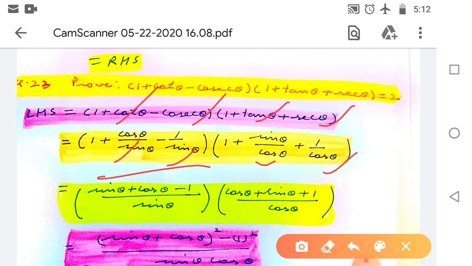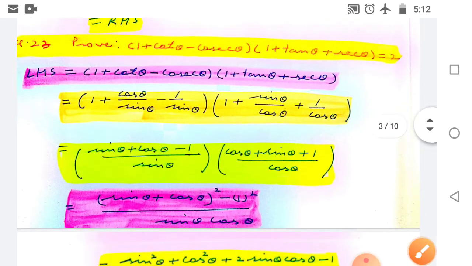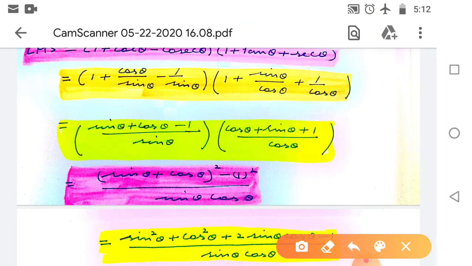Now take the LCM here. So sin theta is the LCM, so it becomes sin theta plus cos theta minus 1, and here cos theta is the LCM, so the numerator becomes cos theta plus sin theta plus 1. Now after applying a minus b into a plus b is a square minus b square. So this is a square minus b square, sin theta plus cos theta whole square minus 1 upon sin theta cos theta.